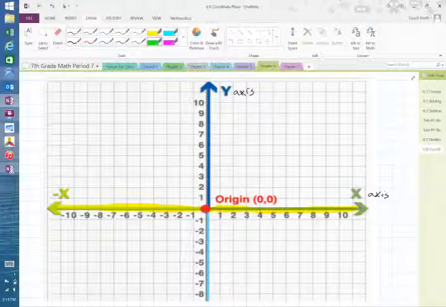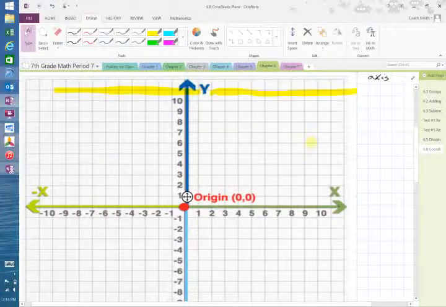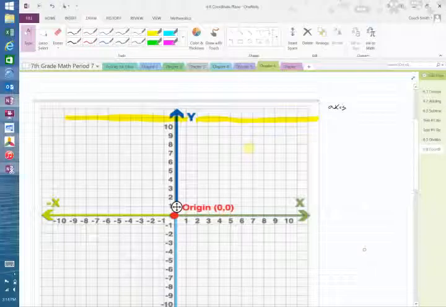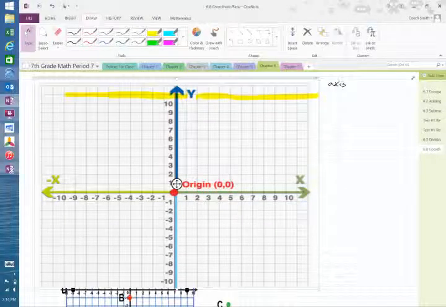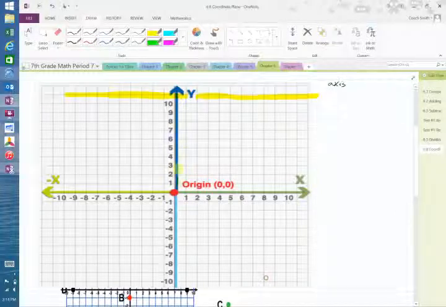On the vertical number line here, the darker blue is the positive, and the lighter blue is the negative.